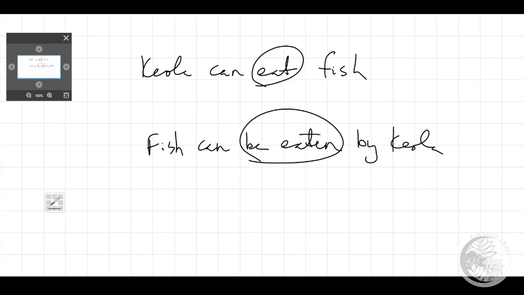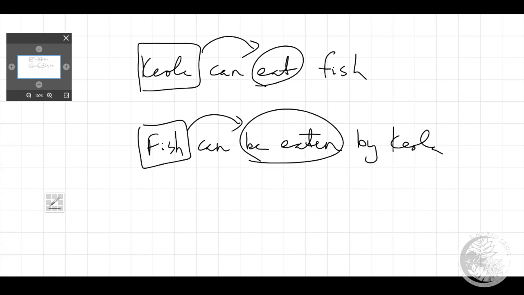It's a result that something can be eaten, which would be the second formula. Yeah. So to express the idea as Keola can eat, I will notice that Keola here, in fact, that's a real agent. He is performing the action. In the second one, the fish, is the fish doing and performing that action? No. The fish, in fact, is what is eaten.